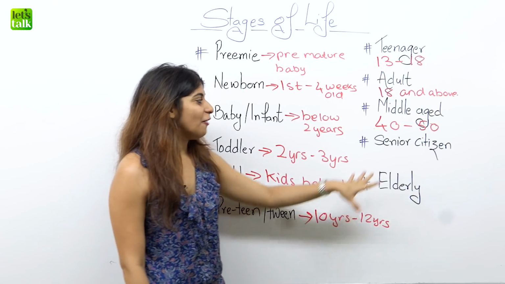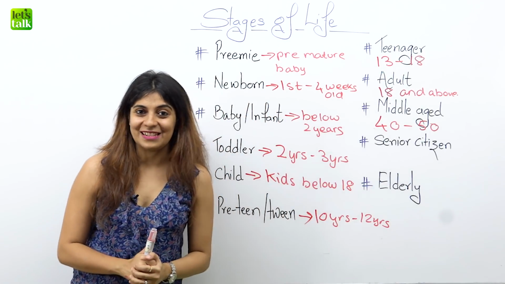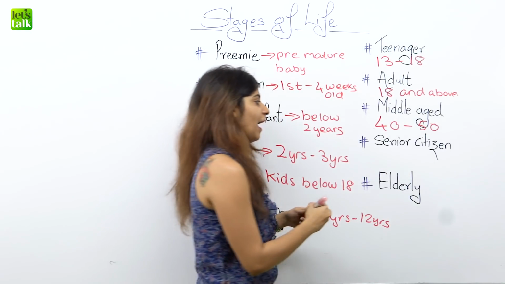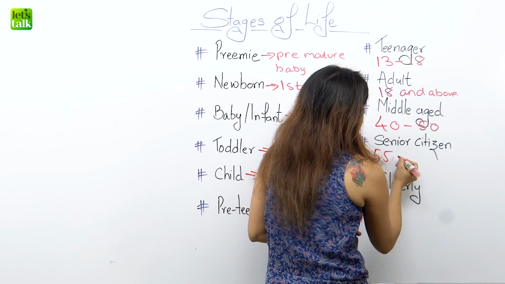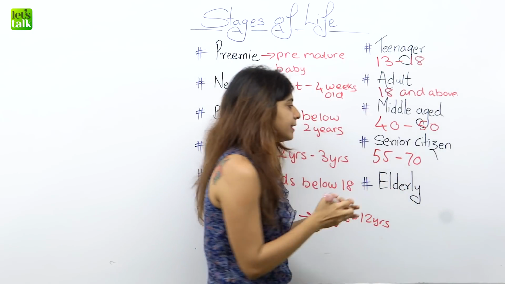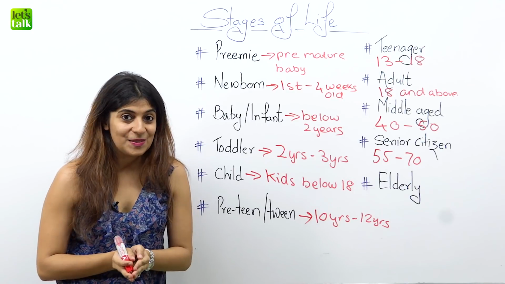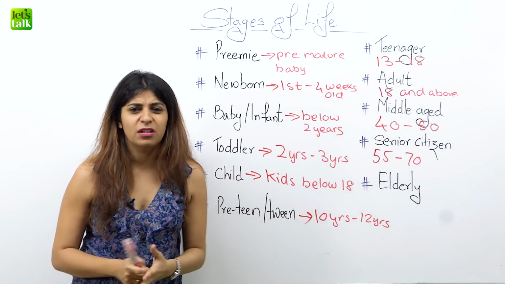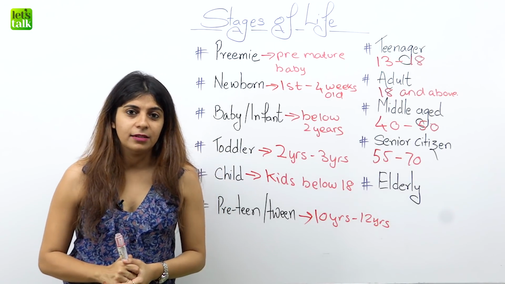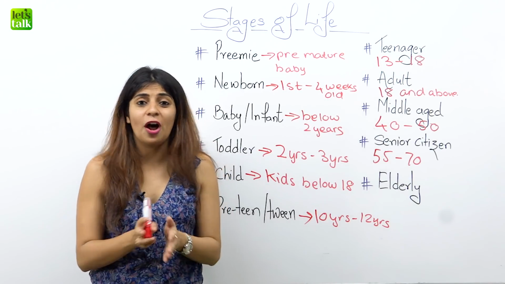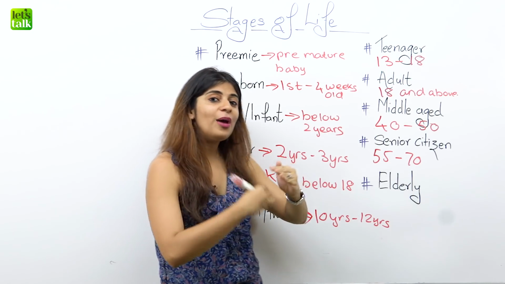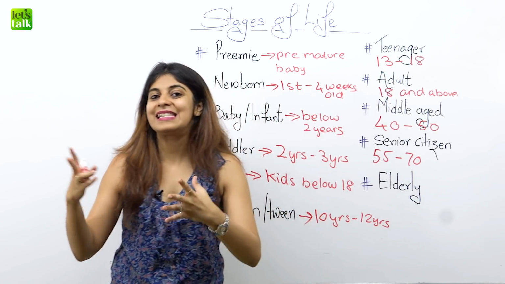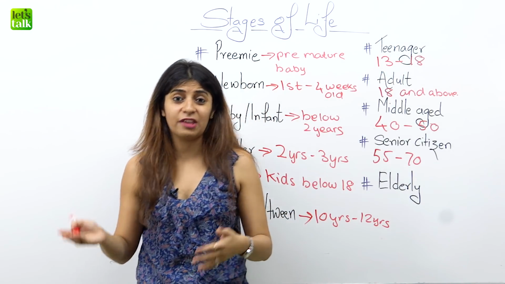The next one that I have for you is senior citizen. Now, generally, people who are 55 to 70 years old, well, they are senior citizens. Now, many people tend to call them old. Oh, look at that old man. That is so mean. That's just not polite. So, if you have to use a polite phrase, then you would say he is a senior citizen. So just be careful. Give him a seat.